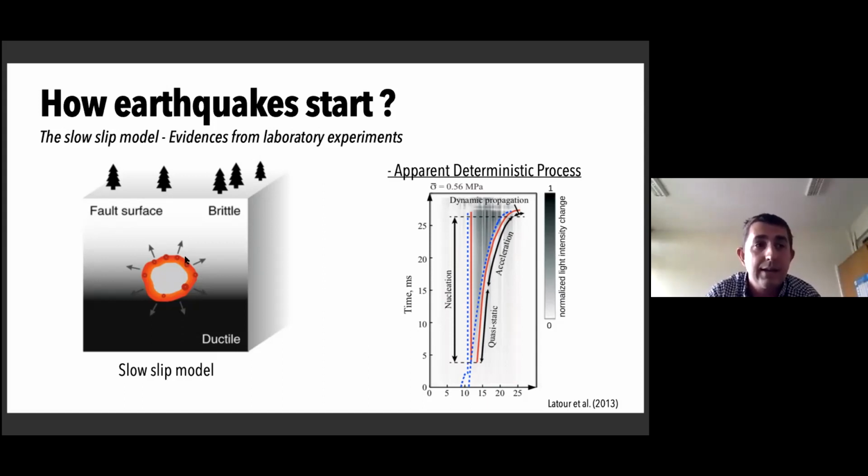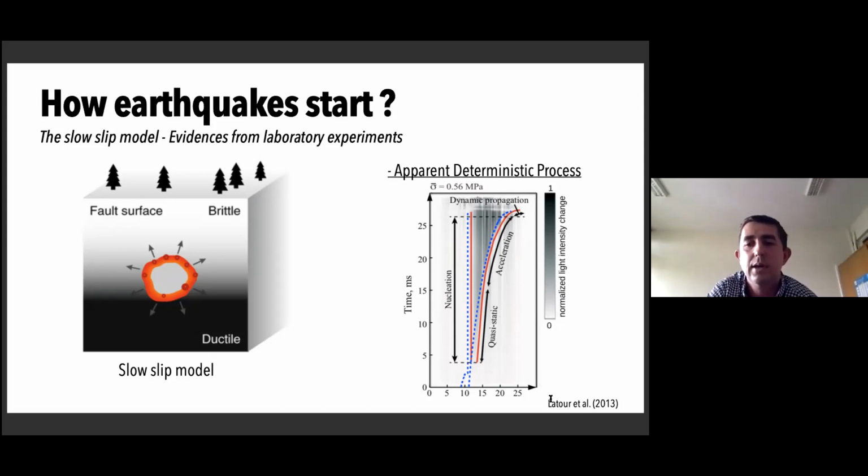While it does that, it also triggers some seismicity, which we will call foreshocks. This slow process is aseismic in general, meaning that the velocity at which the fault is slipping is rather low in this case. As I was saying, there is quite a lot of evidence from laboratory experiments.